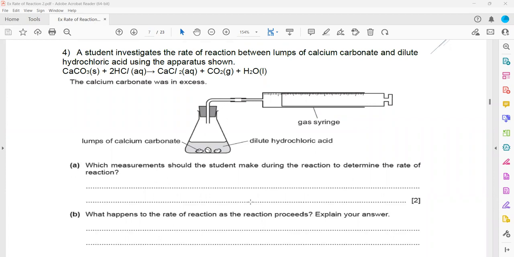Number one, he should measure the volume of the gas. And number two, the time interval. Because to measure the rate, we always need the time. So volume of gas and time taken. 1 mark is for mentioning volume of gas and 1 mark for how much time it will take to produce that specific volume.